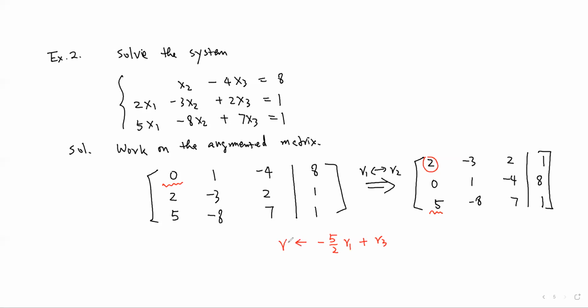The second row is not changed. -5/2 times 2, add to 5, 5 is gone, 0. -5/2 times -3 is 15/2, then add to -8, I get -1/2. -5/2 times 2, add to 7, I get 2.